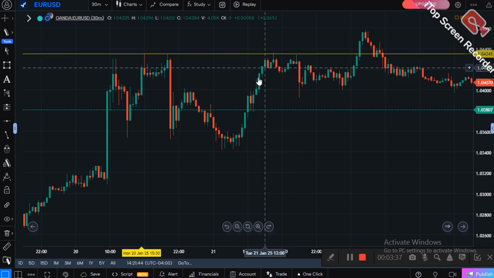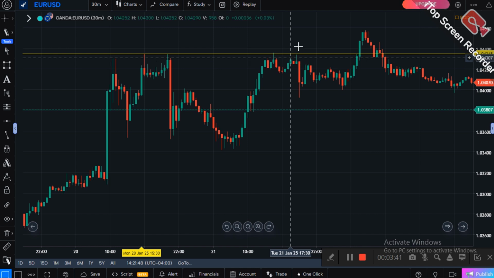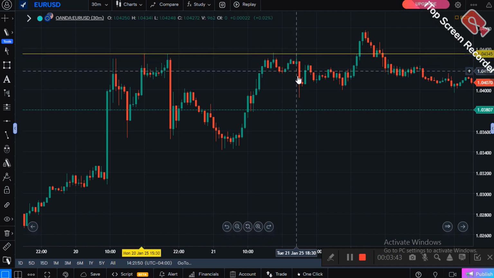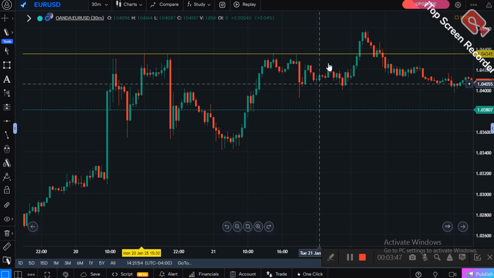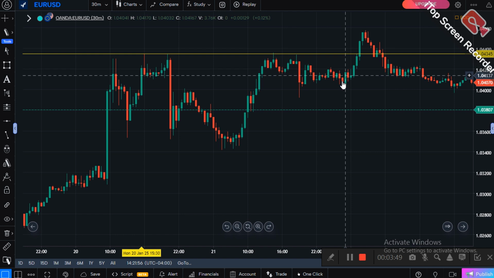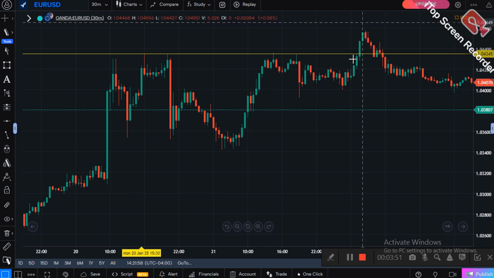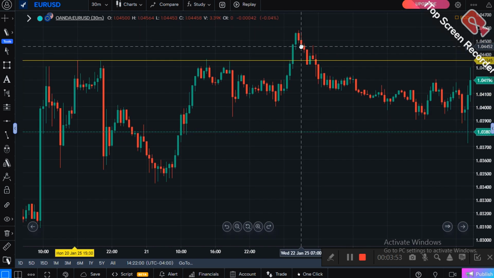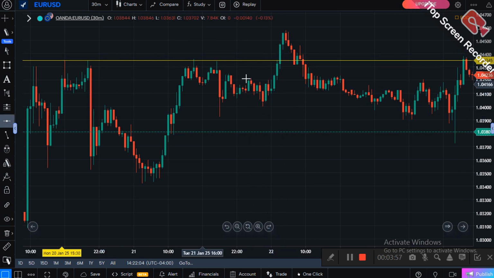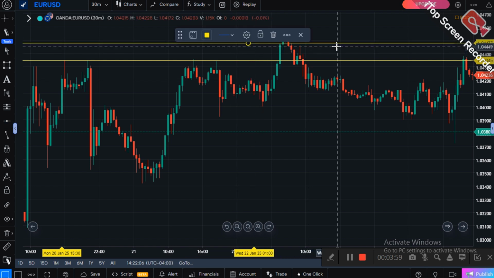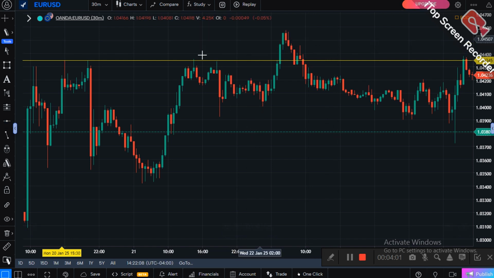This again retraces to add more retails, and then goes a little bit down to add more retails. There's more confirmation that this is retracing, and boom, there go the stops. This was the point where retail stops were placed.